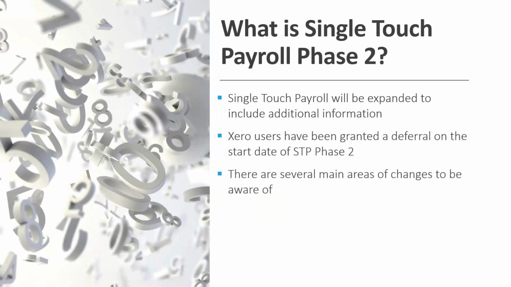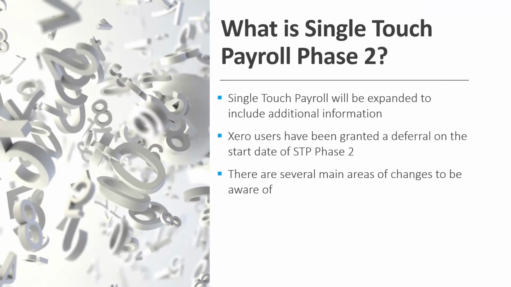So now that we have touched on the background of Single Touch Payroll and the reason for its introduction, let's get into what Single Touch Payroll Phase 2 is all about. In the 2019-2020 budget, the government announced that Single Touch Payroll, which is commonly referred to as STP, would be expanded to include additional information.